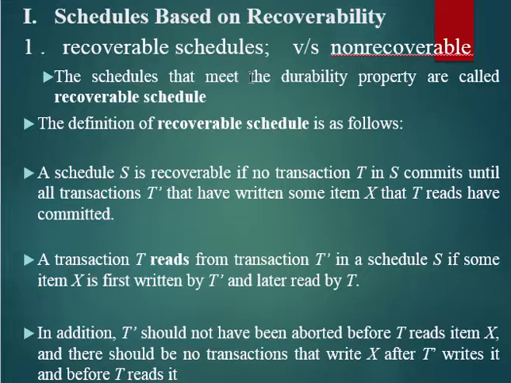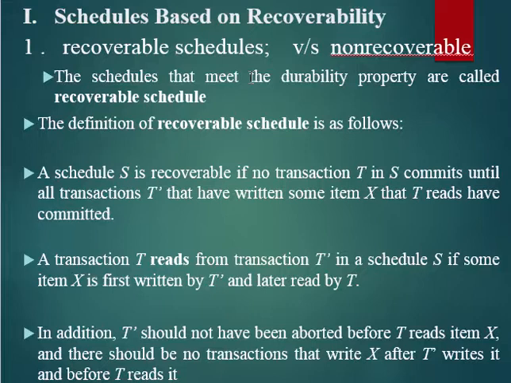That way you have to schedule. If you schedule in that manner, it can easily be recovered, and after a crash the database system can easily redo the same operations that the transactions did before the crash.